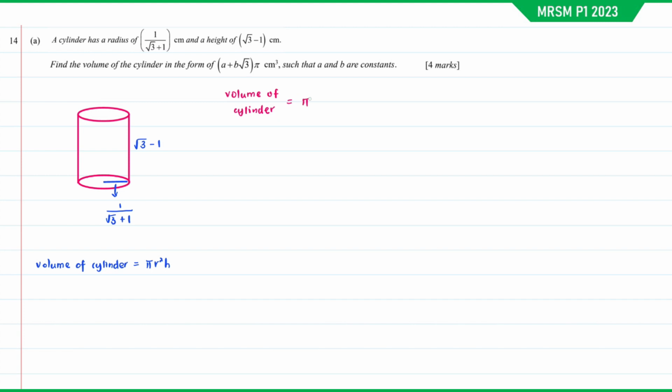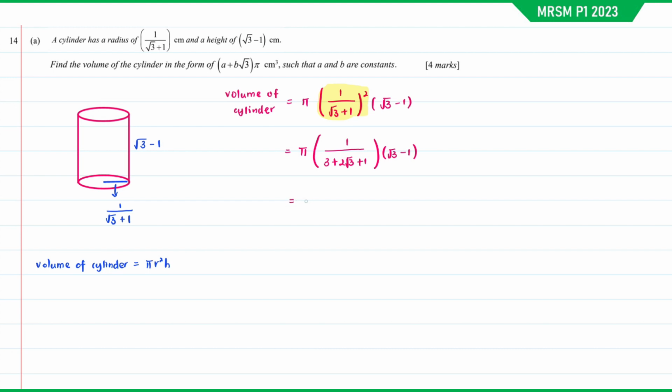So this will equal to pi times (1 over square root 3 plus 1) squared times (square root 3 minus 1). First, we're going to expand this part. This is equal to pi times (1 over 3 plus 2 square root 3 plus 1).